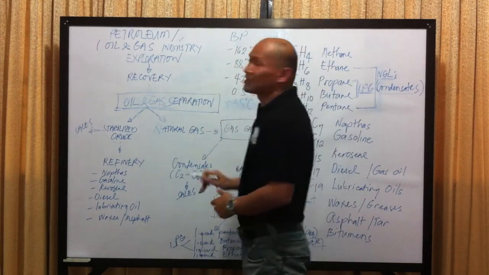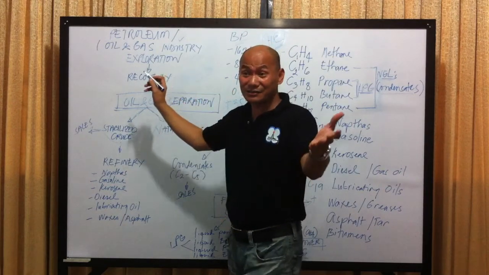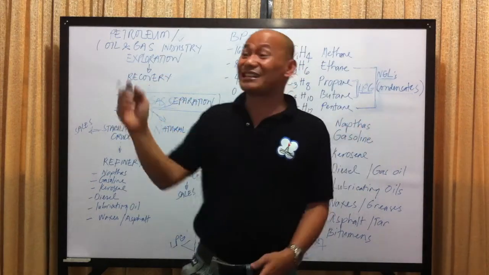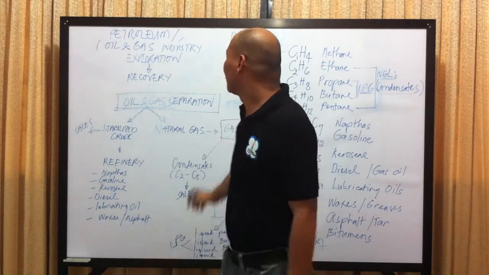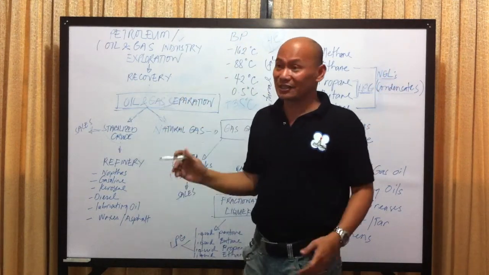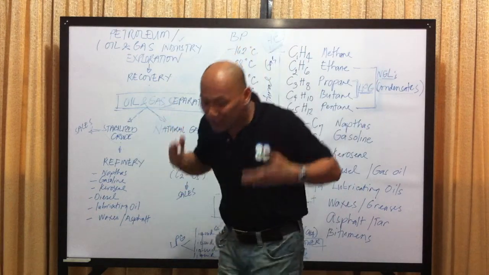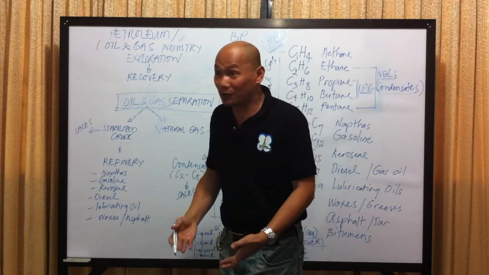First, we will start with exploration. This is the work of the scientists, the geophysicists, in search for oil. Due to advanced instrumentation and testing technology, they are able to measure and evaluate how much oil we can get from a certain oil field.